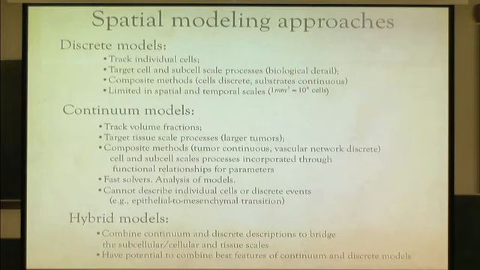With continuum, you can do larger scales, but you can't describe transitions, for example, epithelial to mesenchymal transition, where cells go from behaving collectively, like epithelial tissues, to individually, like mesenchymal cells. And this transition is thought to precede metastasis. And then hybrid models, where you can combine both descriptions. And in principle, these should be the best because you could use the best features.